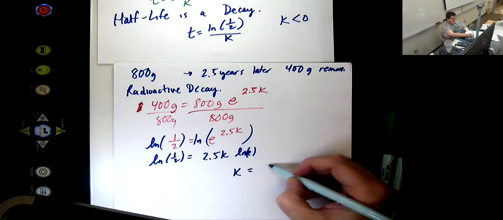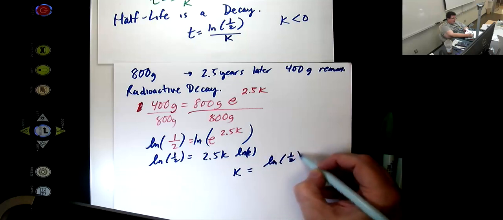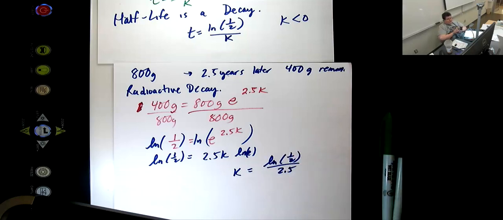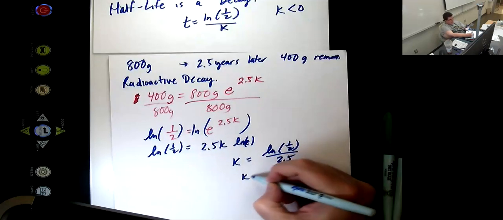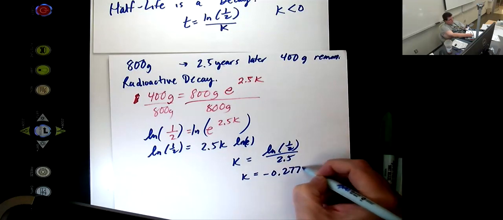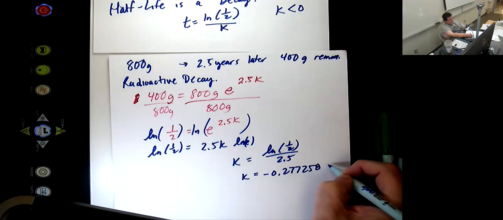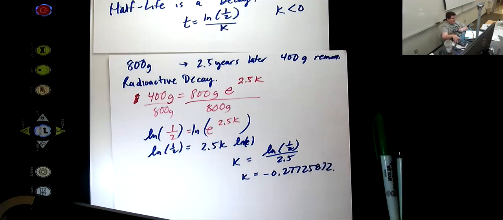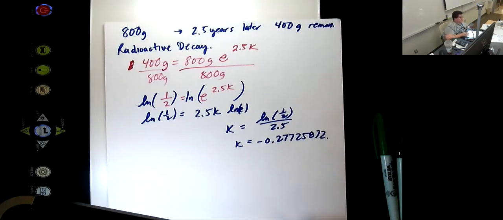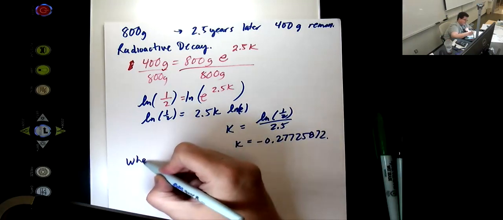So k equals natural log of 1/2 over 2.5. And we could use that to see when we want this to be below a certain amount. Like when will it be less than 1 gram?